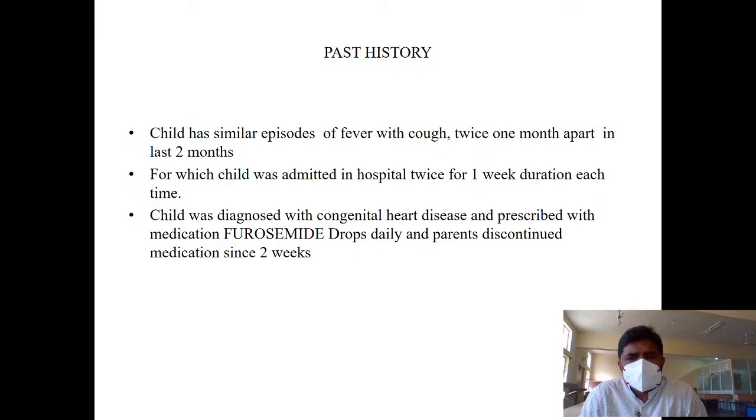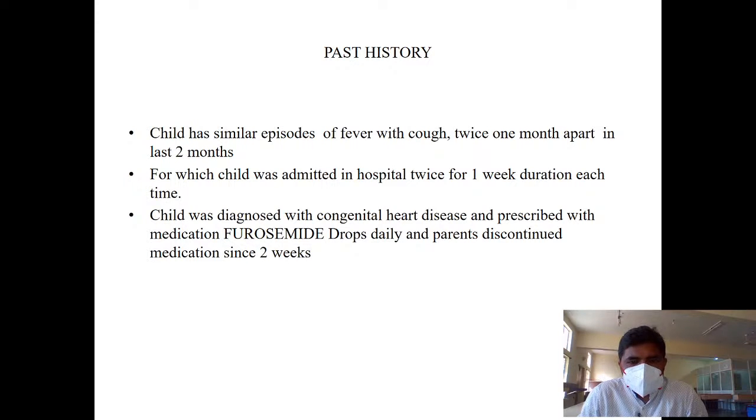Then what could be the possible etiology, whether it is a VSD, PDA or ASD. These are the three left to right shunts we all know. ASD will have a presentation in later part of life. Usually the child will have symptoms at 4 to 5 years of age and can land in a state of frank failure in 20 to 30 years of age.